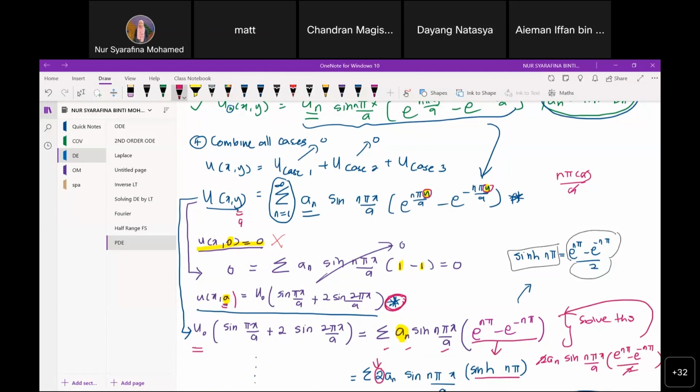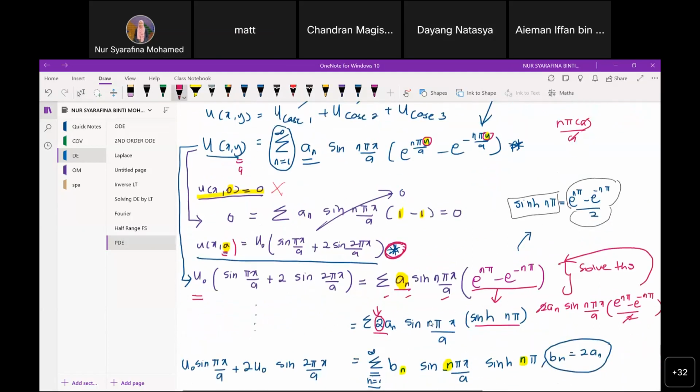We just do some modification without changing the original expression. Now this a_n becomes 2a_n. Then we can simplify this 2a_n by creating another constant, b_n. Same expression equals, now this 2a_n is b_n, sine n pi x over a, sine n pi. So now it is simplified based on our sine n pi.